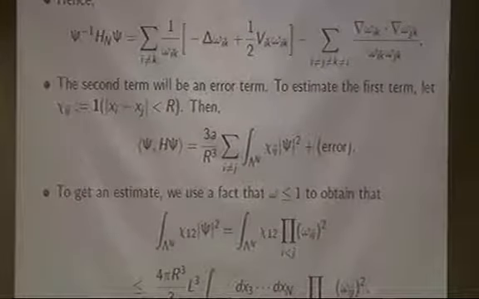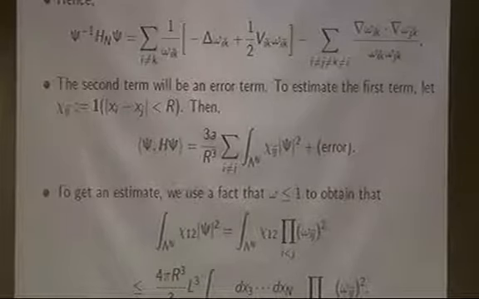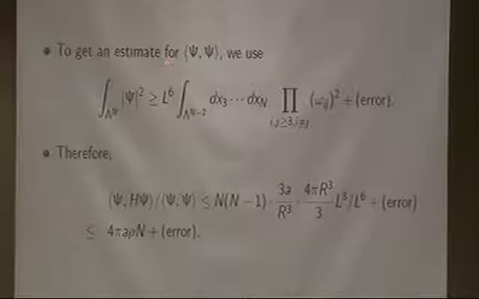And this 4 pi r cubed over 3 times L cubed over this L to the 6th, this final factor. After calculation, everything will be cancelled except 4 pi a rho n. So this is how we get the upper bound.